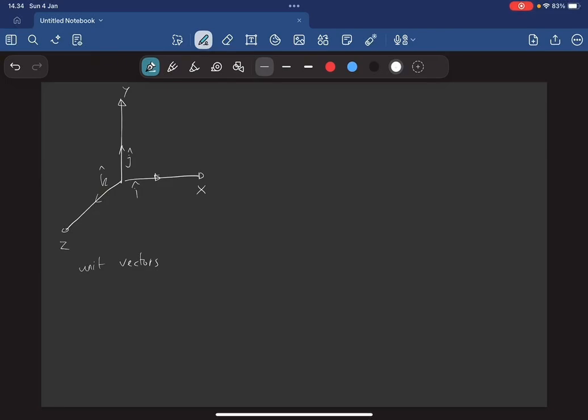The unit vectors along the coordinate axes are called basis vectors. The 3 basis vectors for Cartesian coordinates are traditionally called I, J, and K, like these figures.